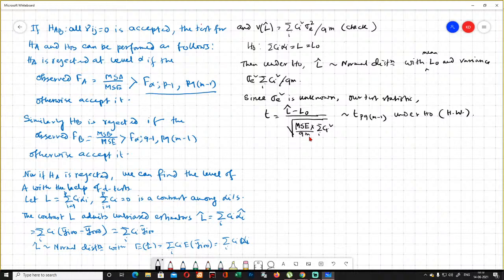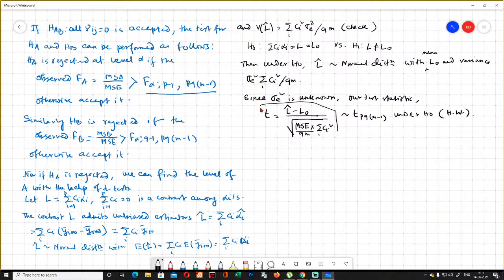So this is the test statistic for testing H naught: L equals L naught versus H1: L not equal to L naught.